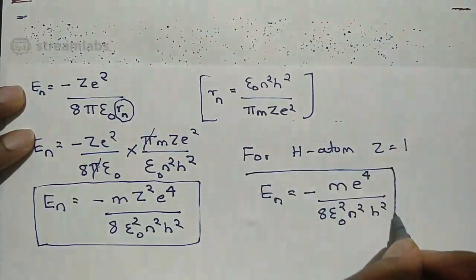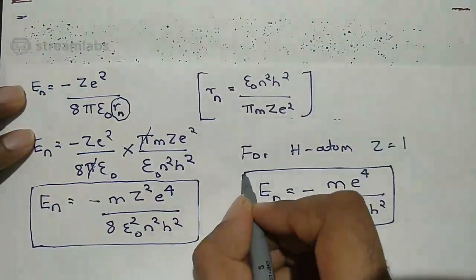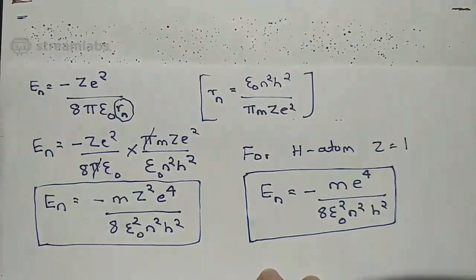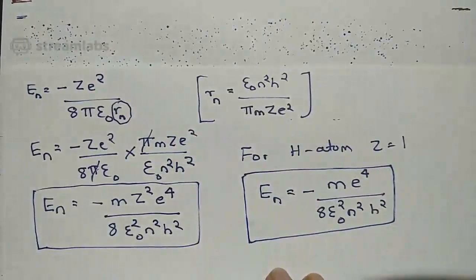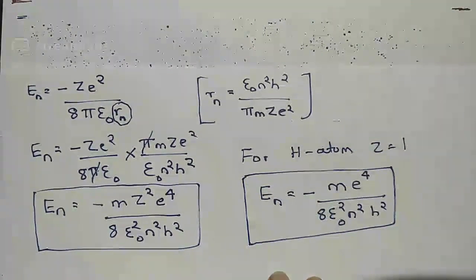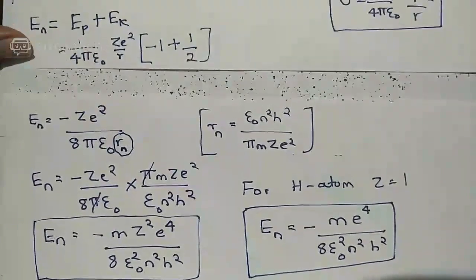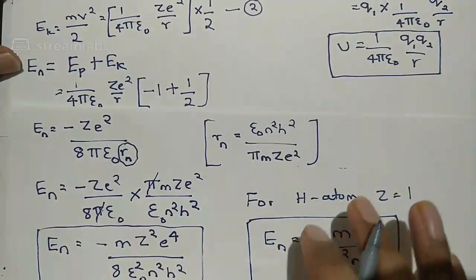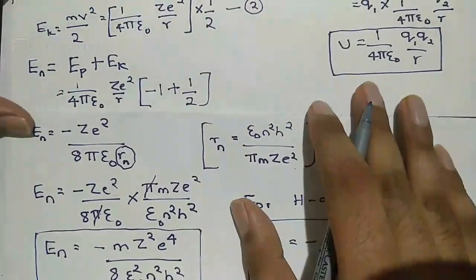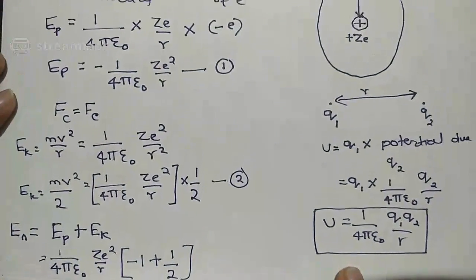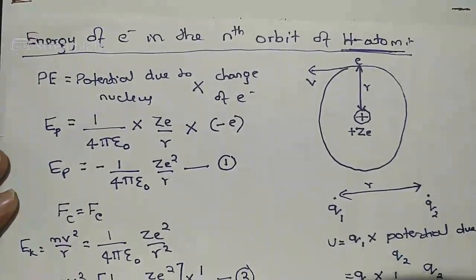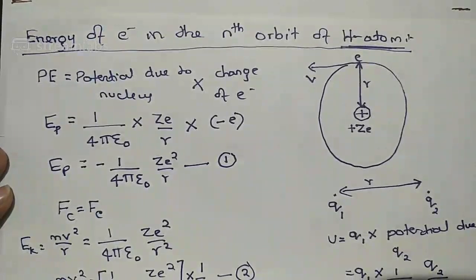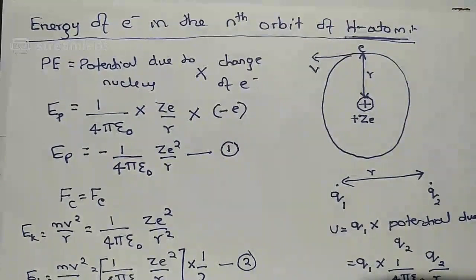That is the expression. This is also a very important possible 5-mark question. In your study material, page number 97, they have given the energy of the electron in the nth orbit of the hydrogen atom. Go through that.